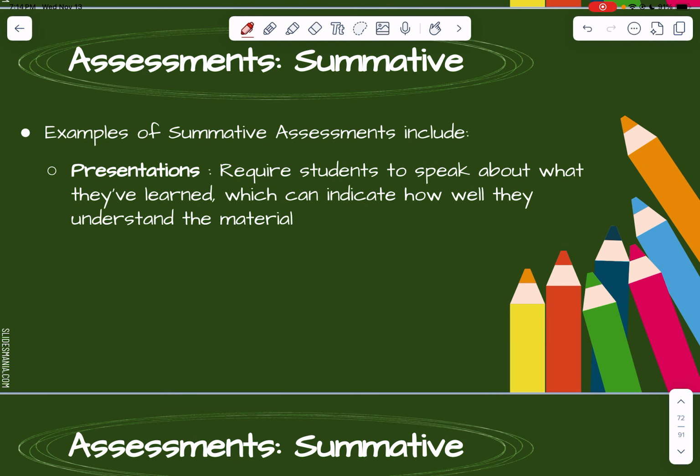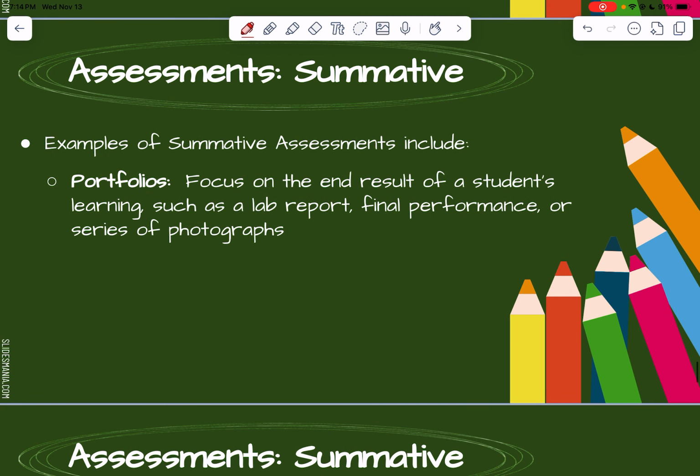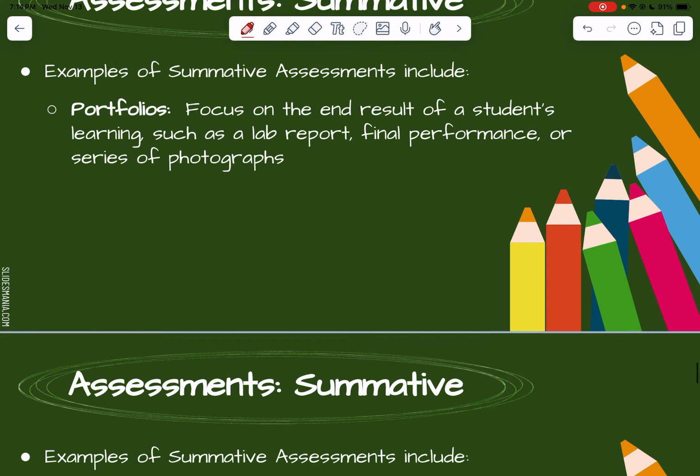They could do presentations that require students to speak about what they've learned, which can indicate how well they understand the material. They can create a portfolio that focuses on the end result of a student's learning, such as a lab report, a final performance, or a series of photographs.